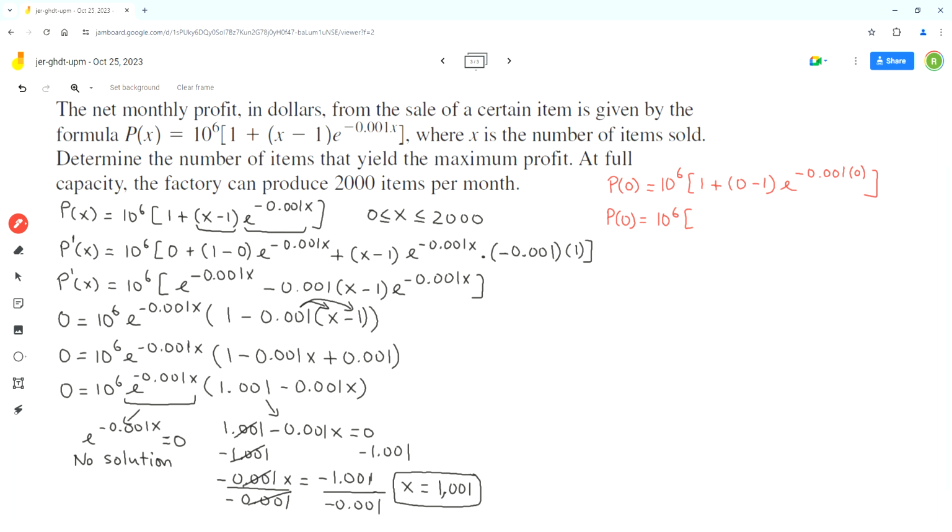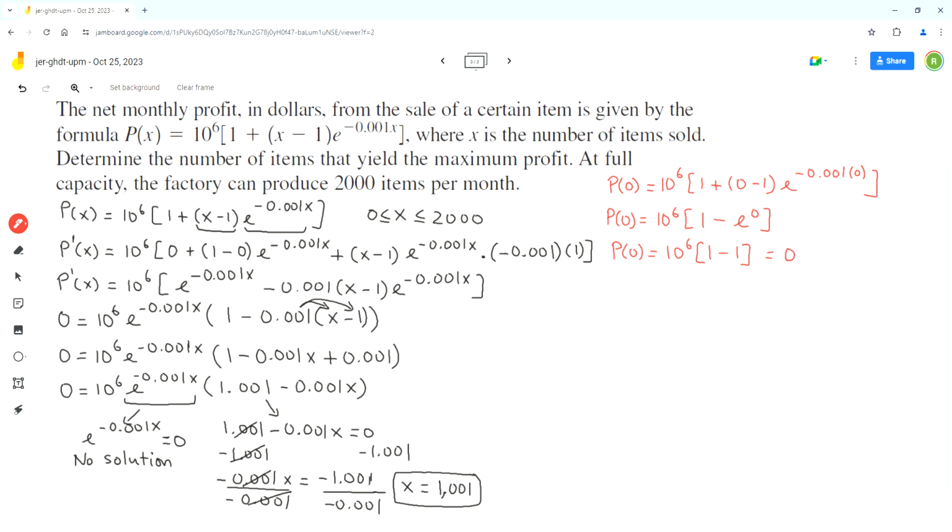So in the brackets, the first term will stay the same. Now 0 minus 1 is -1, and -1 times the e term will make the whole term negative, and the exponent of e is equal to 0. Now any term to the power 0 is equal to 1, so the profit is equal to 0.